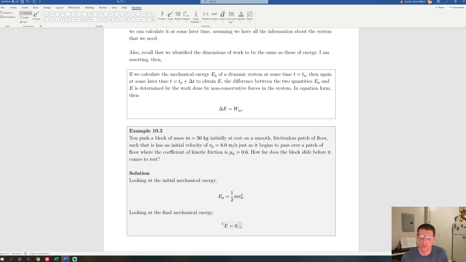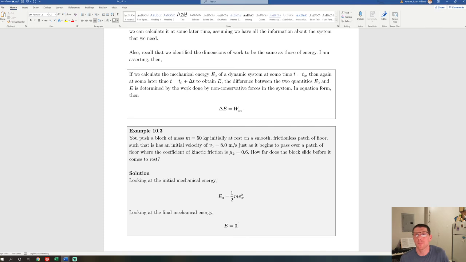And so this is what we have. We have a situation where we initially have some energy and later we have no energy. So something's going on. And what's going on is the friction force is taking energy out of our system, if we want to think of it that way.